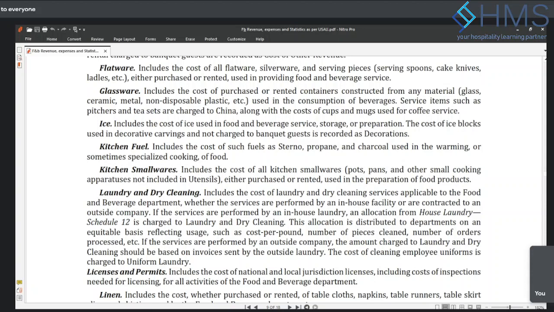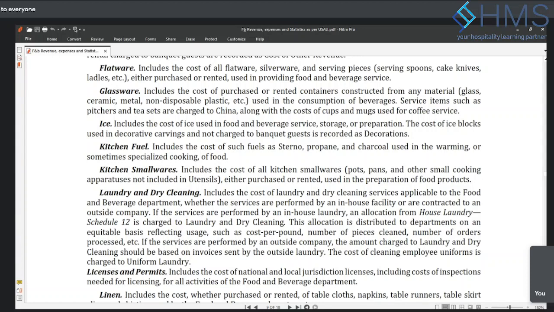Sometimes, if you are buying certain items, to give you an example, in Shangri-La, even in my current hotel, we have a policy that if the unit cost of any item is above $100, we will capitalize that. Under $100, we will see if we are buying, let's say, more than 25 items of the same thing at one time, and if we are spending, let's say, $1,000 in total, then we will capitalize, otherwise we will not capitalize.